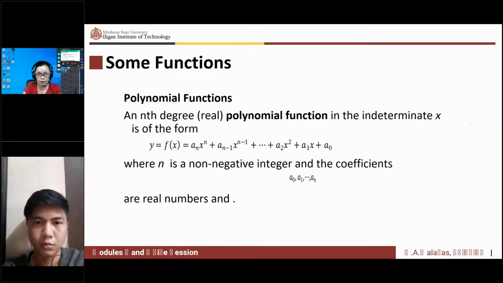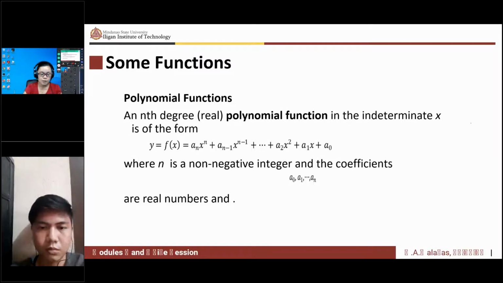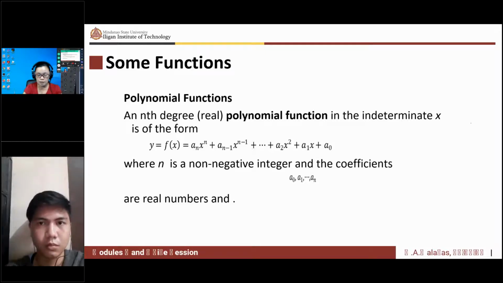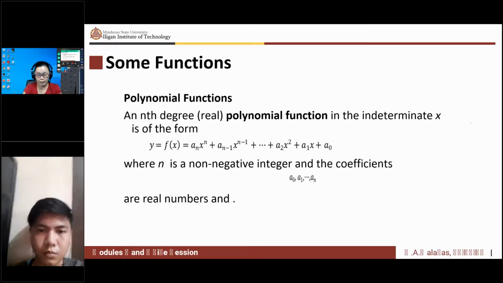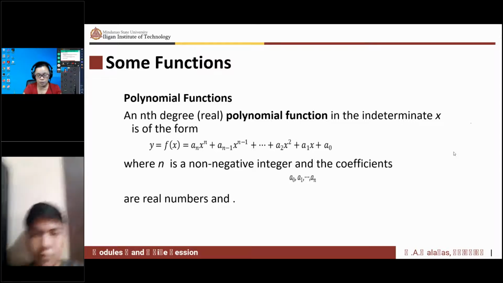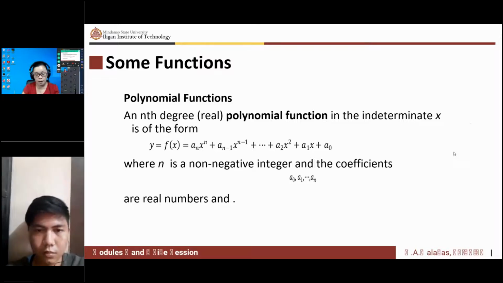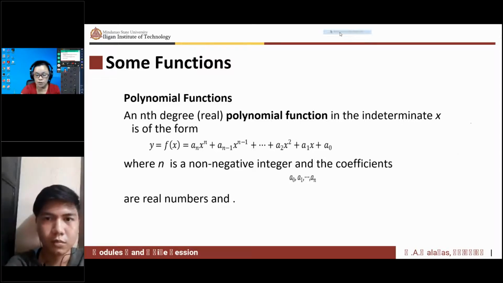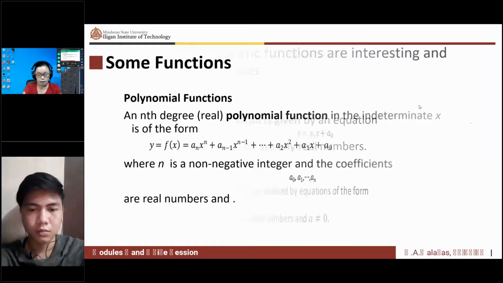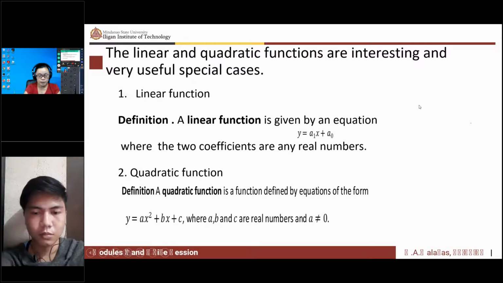It depends on the form of the defining equation. So first we have the polynomial function, an nth degree polynomial function. This is very general of this form, where n is a non-negative integer. And special cases are the linear functions and the quadratic functions.